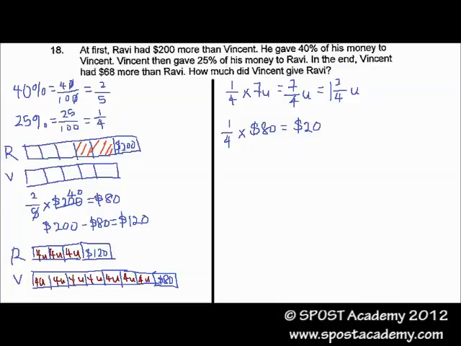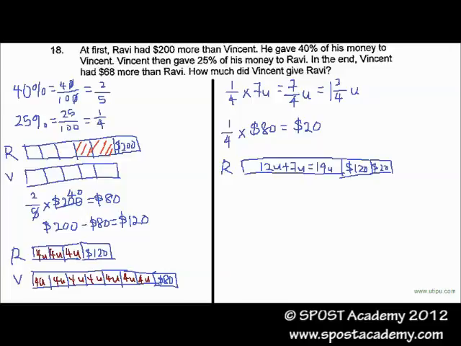Okay, so if we draw the final model, we will see that Ravi would have 12 units plus the 7 units which Vincent is going to give him. That's equivalent to 19 units plus the $120 and the $20 that he's going to receive back from Vincent.